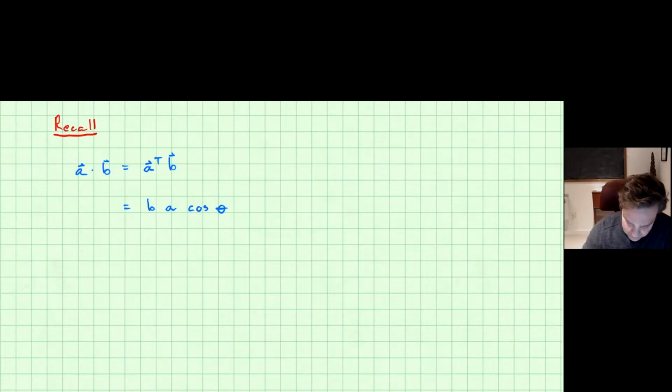Let's draw an example of two vectors. Let's say this one is B, and this vector here is A. The angle between the vectors always means the smallest angle between them, so that's theta.